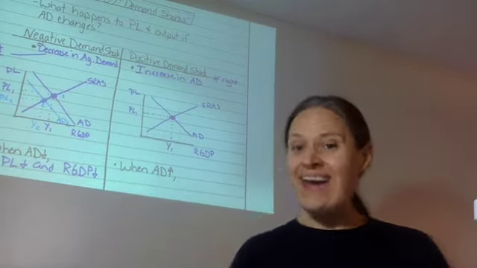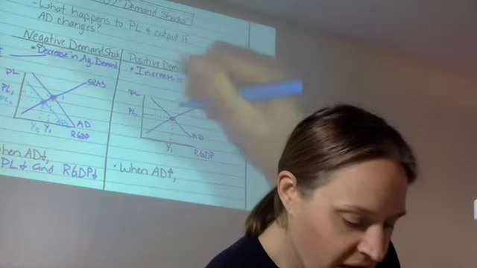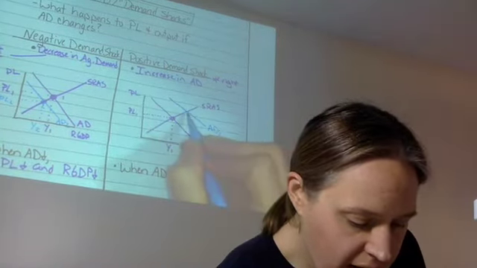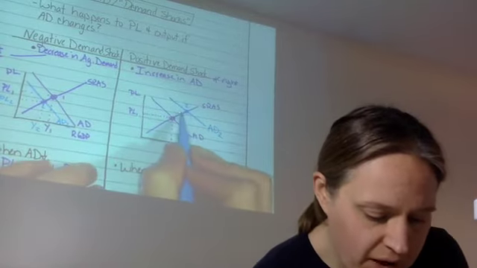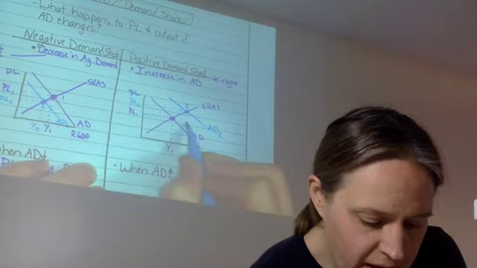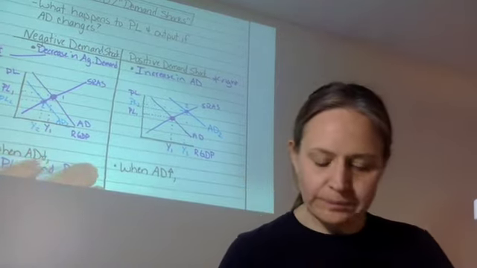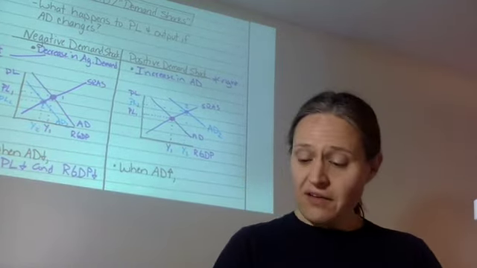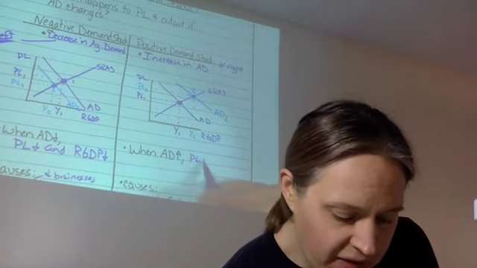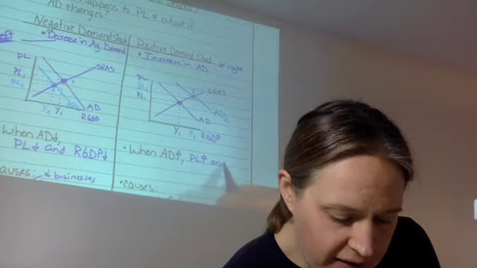Now we draw in that increase in aggregate demand, so that rightward shift. So aggregate demand 2. Now we have our second equilibrium point with our second price level and our second real GDP point. So that tells us when aggregate demand goes up, we see that the price level goes up and real GDP goes up.